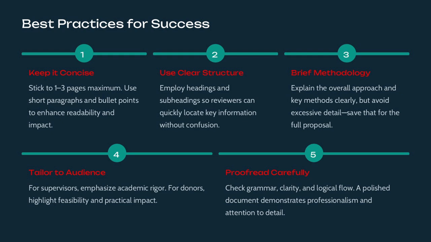The third part is the brief methodology. Then how it is going to help, the impact factor. The impact factor is very important, how this research is going to impact. Then the proofreading, and how it is connected logically, structured or not.